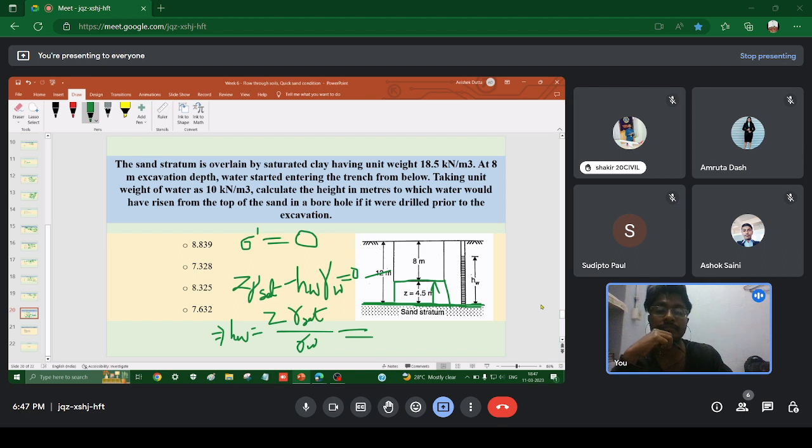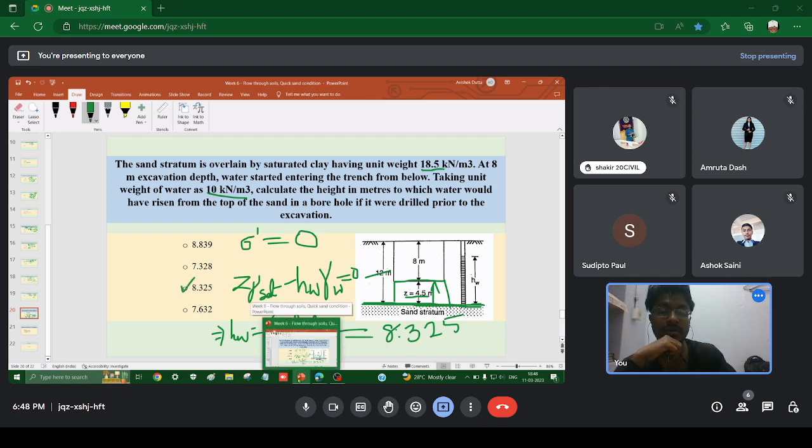What is the answer? Gamma sat is given 18.5, Z is 4.5. 8.325. Yes, 8.325. This is the answer. Okay, just forget the answer.